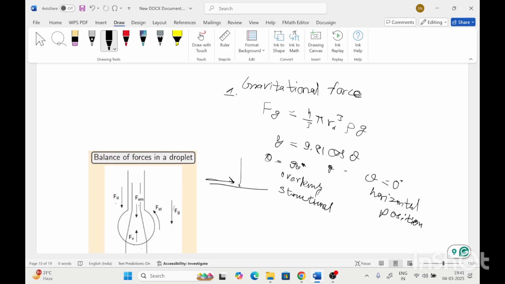So for the horizontal position, the g will be 9.81.